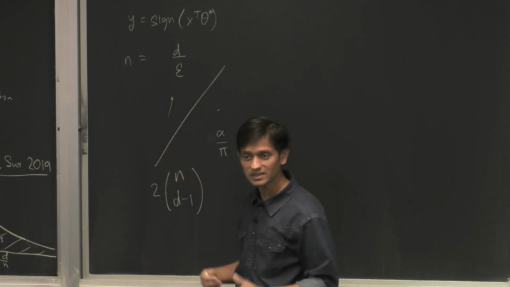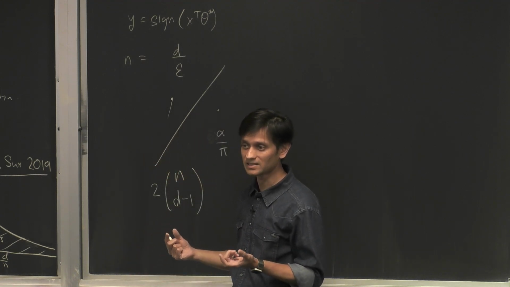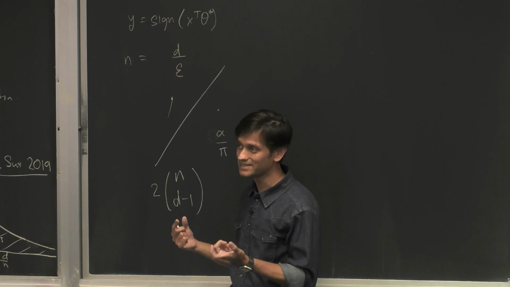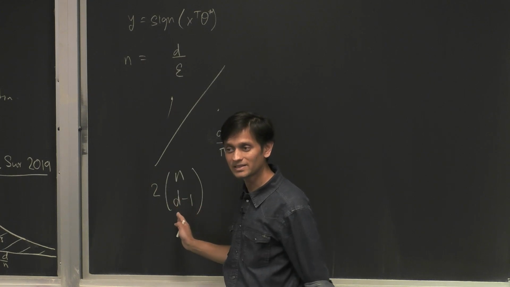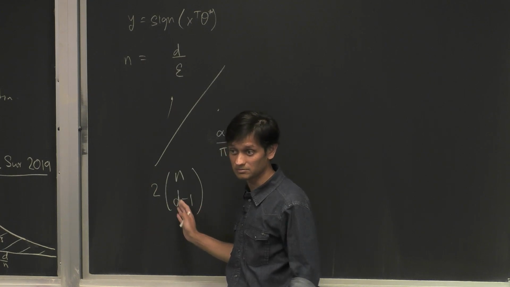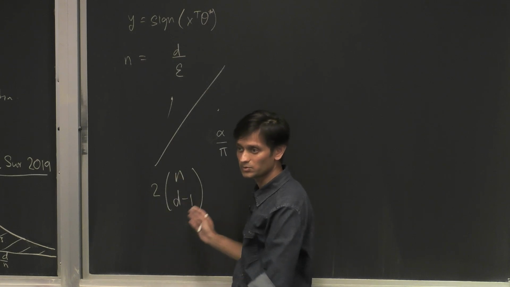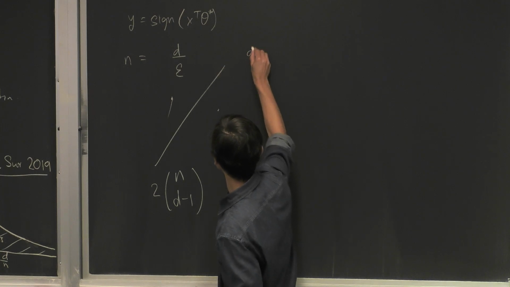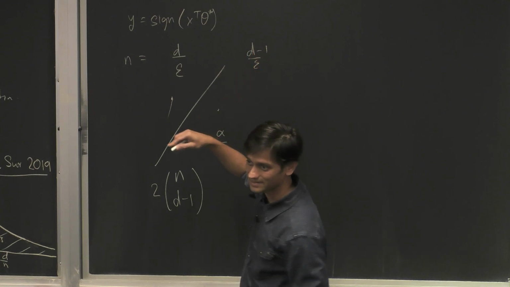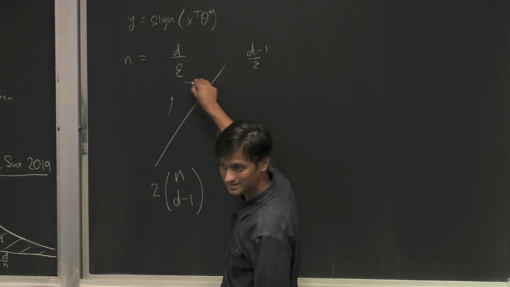And now you can construct a packing where any 2 points are at least distance epsilon apart, and all points in the packing have to be separated into one of these partition parts, right? So you just do that and you will find n to be something like d minus 1 over epsilon, right? So this is tight.